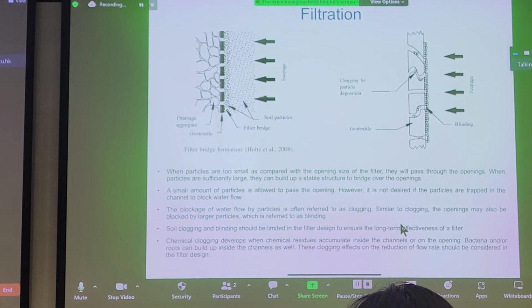If you look at filtration from a mesoscopic point of view, you can see these two pictures at the top. If we really zoom in, a filter has some degree of perviousness because there are channels inside this filter to allow particles to pass through.